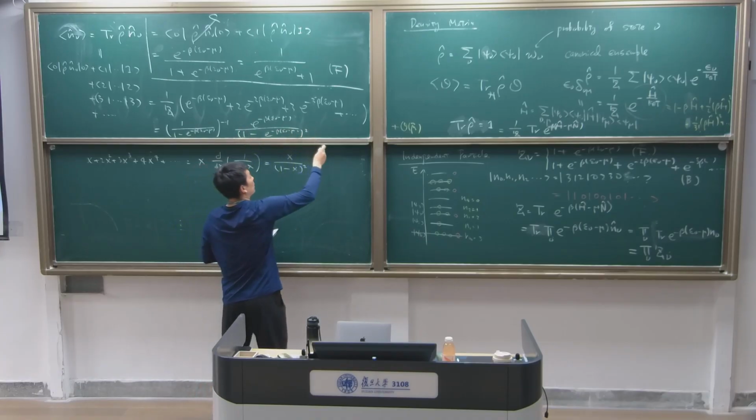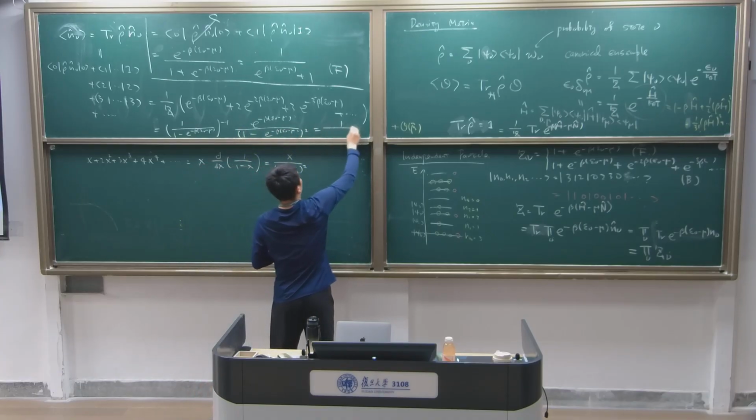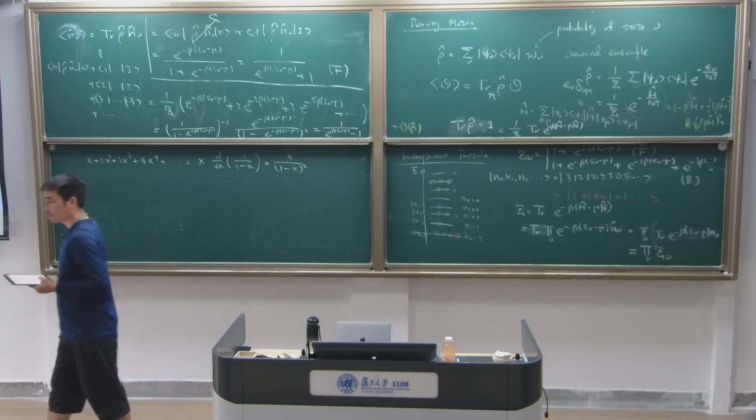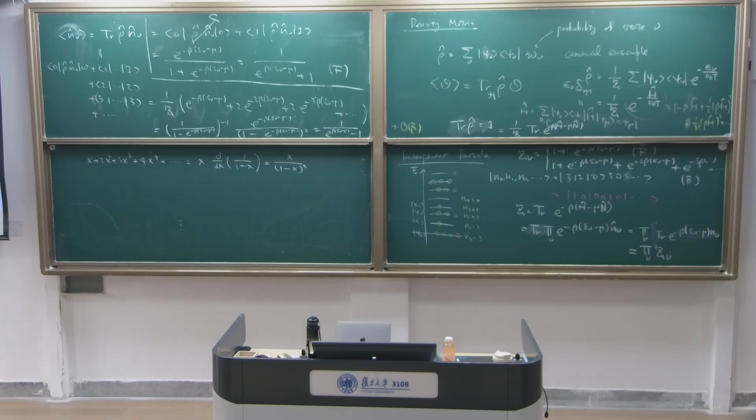Sure. Okay. This is equal to 1 over e to the beta, mu minus mu, minus 1. So this is the Bose-Einstein distribution. That's how you get it from this density matrix formula.